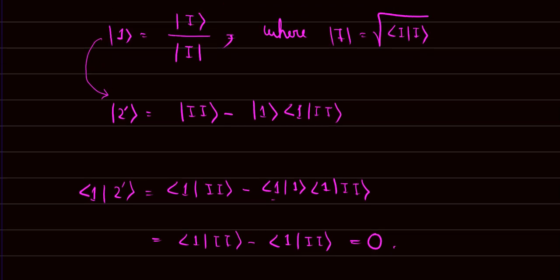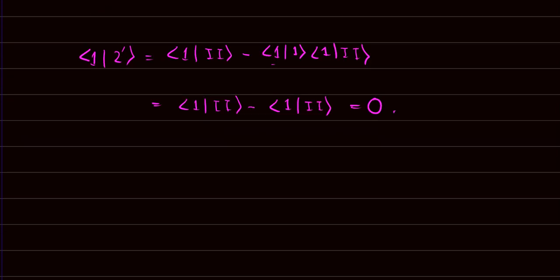So we already know this 2 prime vector is perpendicular to our first orthonormal basis. So if we just divide this 2 prime by its magnitude, we will get our second orthonormal basis.